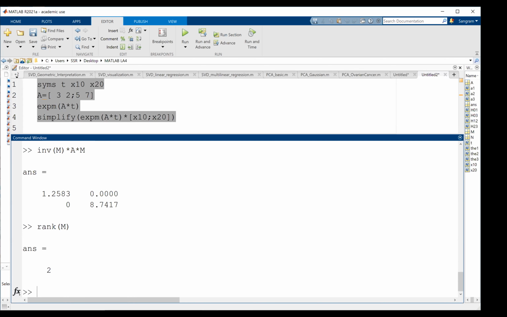Imagine a case wherein the eigenvalues are repeated. For example, what I mean by repeated is 1.25 here, 1.25 here. It can happen that for those repeated eigenvalues, you will not have two eigenvectors which are perpendicular to each other.